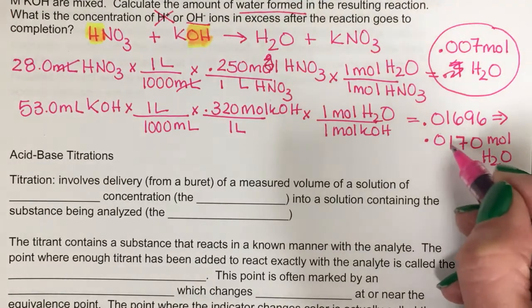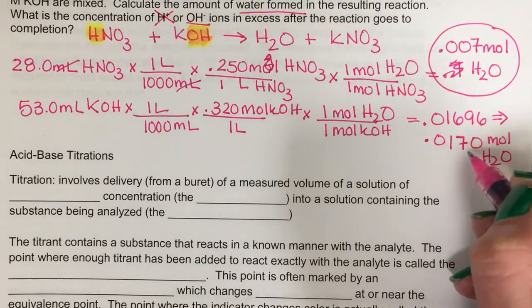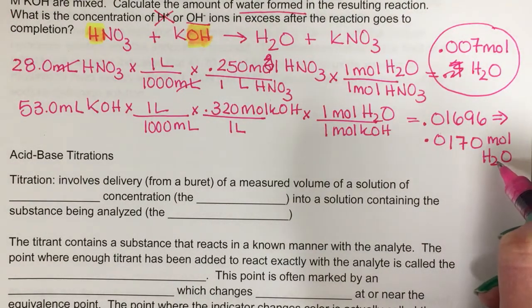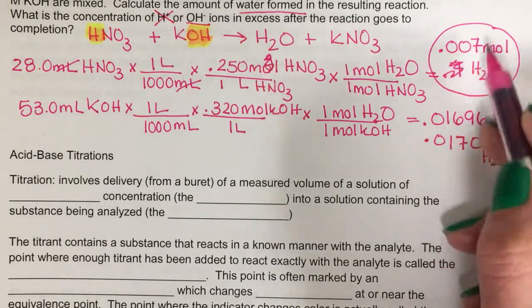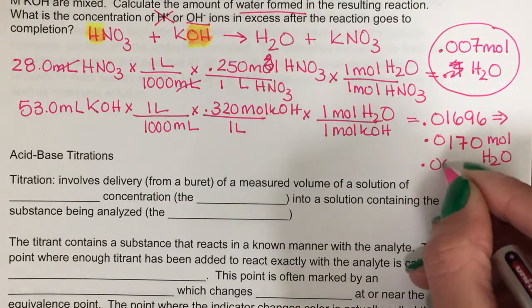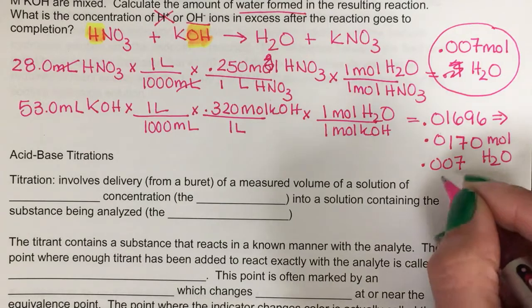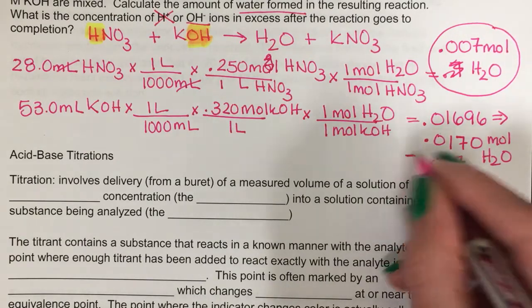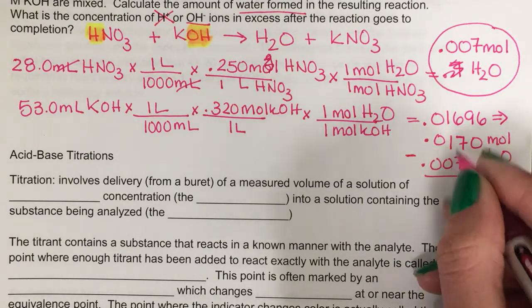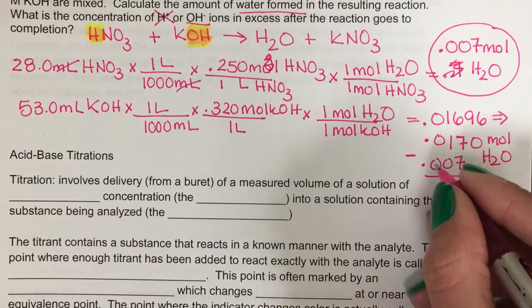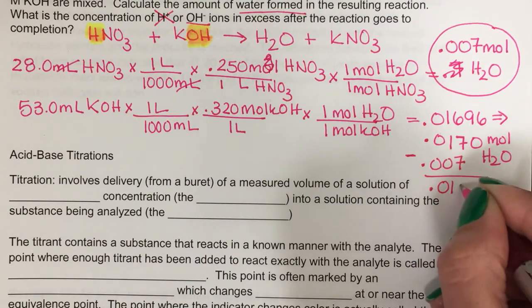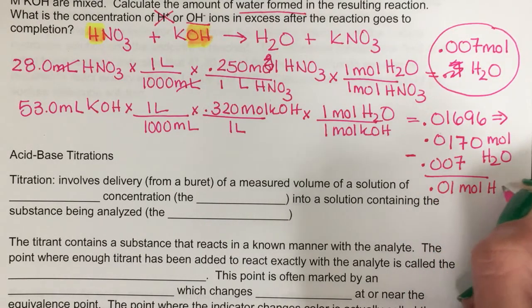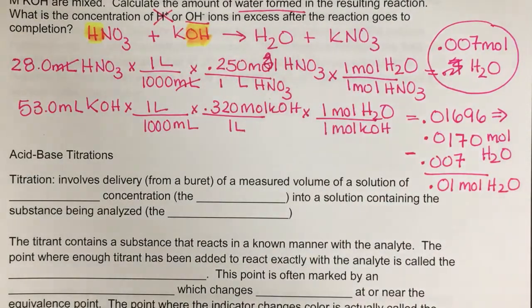I could have used it to make 0.017 moles of H2O, but I can only make 0.007 moles of H2O. So if I subtract those two numbers, I find out that I've got 0.01 moles extra that did not form. That's H2O.